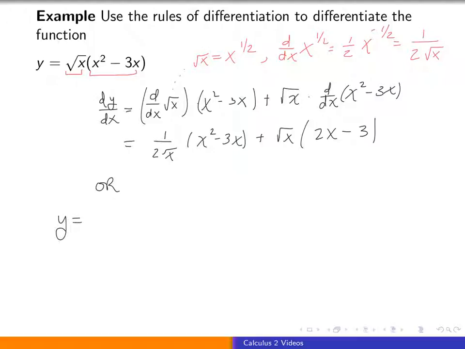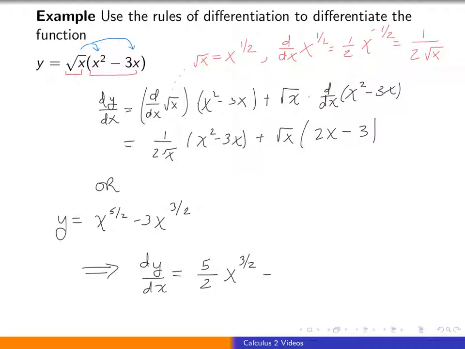So additionally, instead of thinking of it as one function times a second, we could take this square root x and simply distribute it through to each term. So we would have x to the 5/2 minus 3x to the 3/2. With this observation then, dy dx, just differentiating both terms individually with the power rule, becomes 5/2 x to the 3/2 minus 3 times 3/2, so 9/2 x to the 1/2.